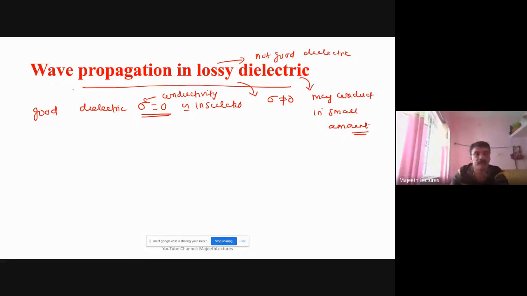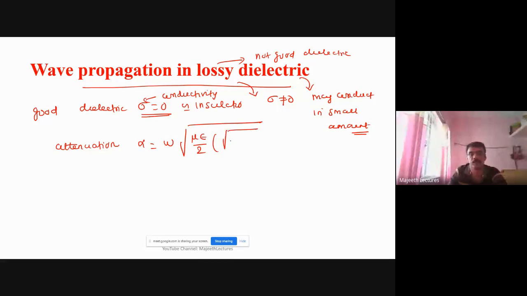In lossy dielectric, the point we have to remember is one is alpha, known as attenuation, given by omega into root of mu epsilon by 2, root of 1 plus (sigma by omega epsilon) whole square minus 1.